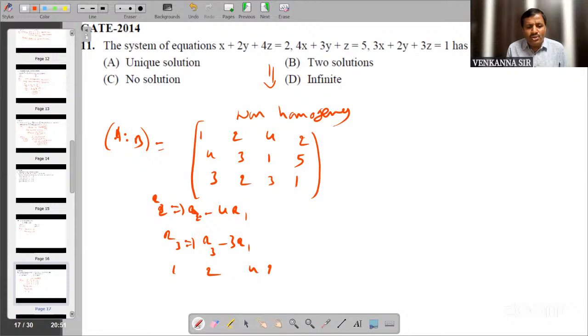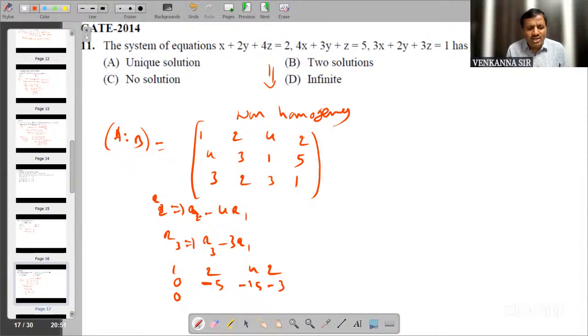What is the result we are going to get? 1, 2, 4, 2. These two elements are zeros. R2 minus 4R1: 3 minus 8 is minus 5, 1 minus 16 is minus 15, 5 minus 8 is minus 3.